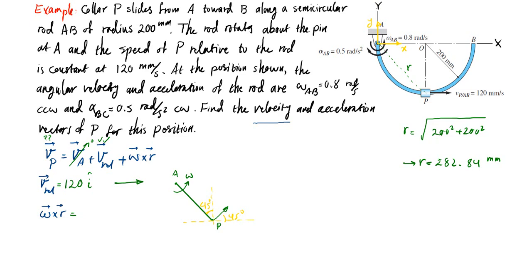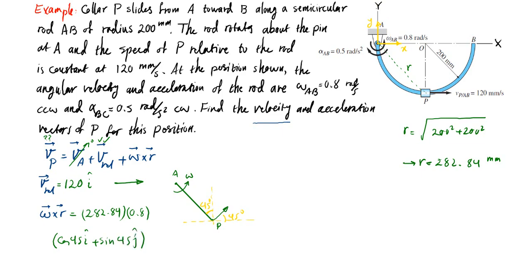Omega cross R would be R, which is 282.84, times omega, which is 0.8, times cosine 45 i plus sine 45 j.